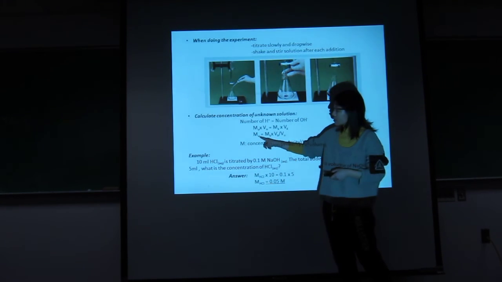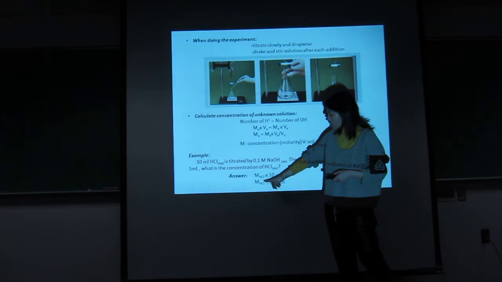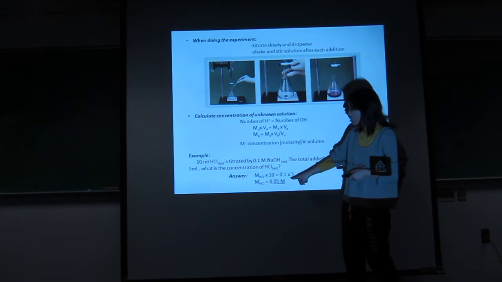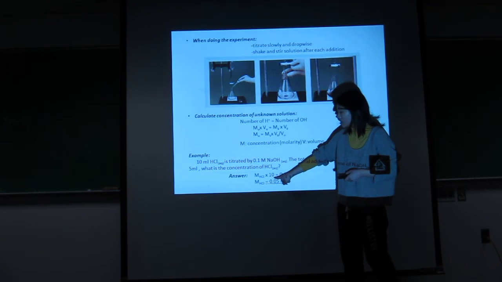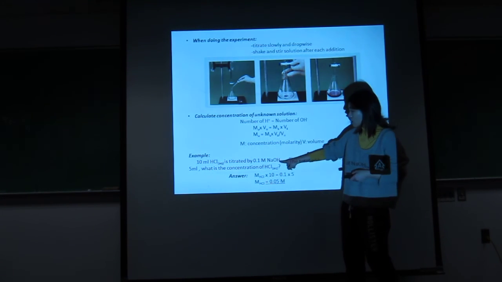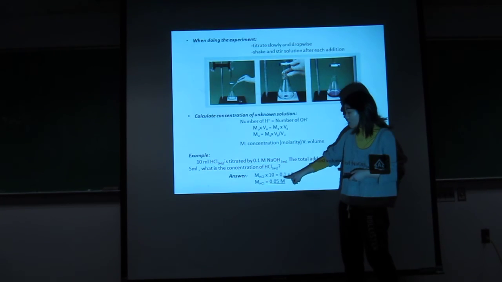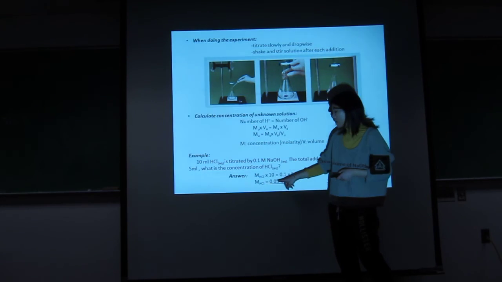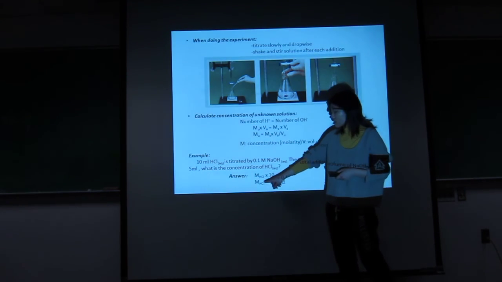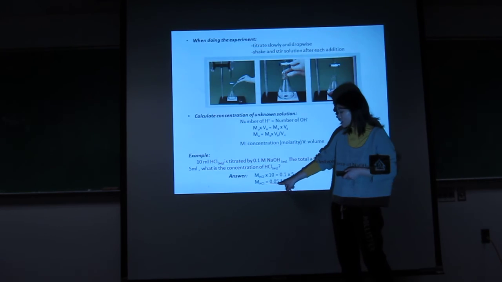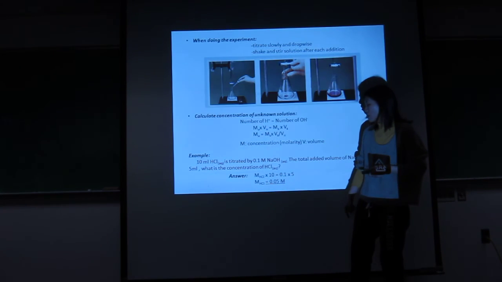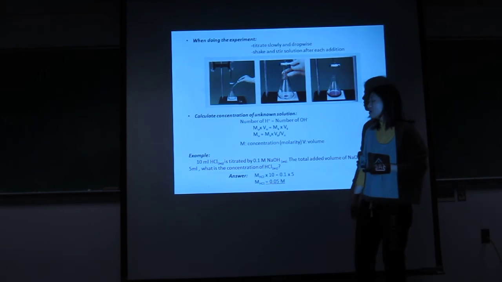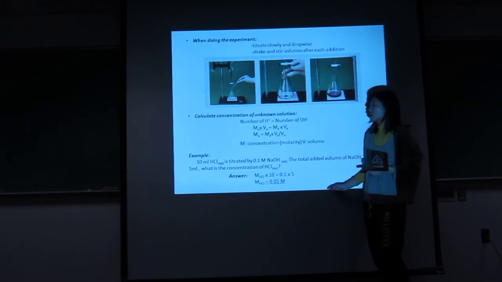Then you can use this formula. The concentration of hydrogen chloride times the volume 10 milliliter is equal to the concentration of sodium hydroxide 0.1 molar times the total volume added, 5 milliliter. So the concentration of hydrogen chloride is equal to 0.05 molar.